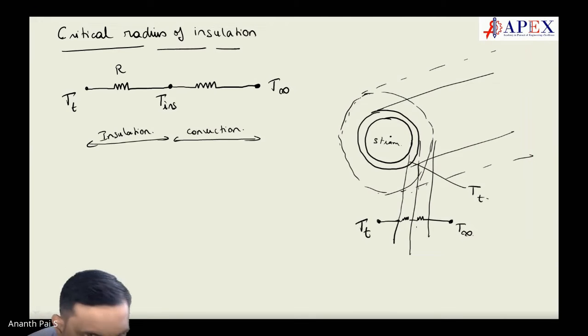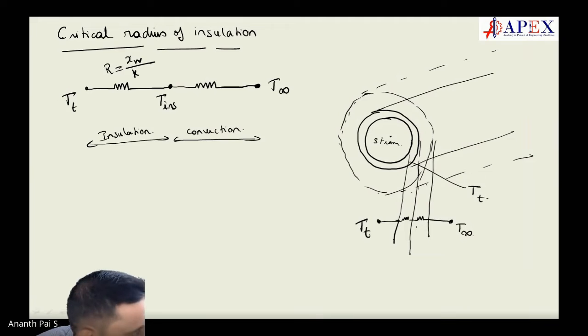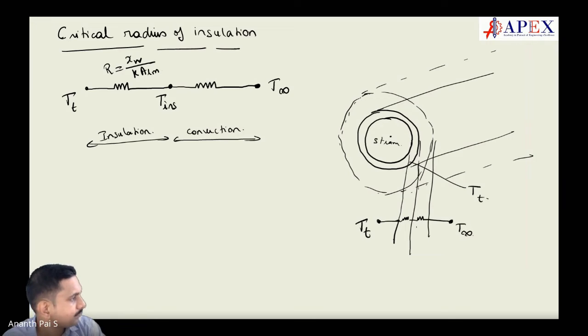Fine. Okay. So this one, resistance R would be equal to XW, the wall thickness, divided by, we have, L by K into A log mean, correct?